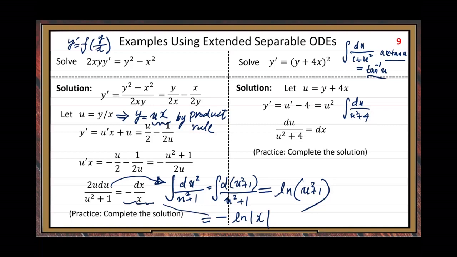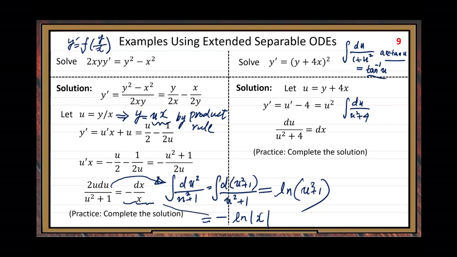In your calculus, which one do you use, inverse or arctangent? All right, whatever, you just choose one of the two. For me, both are fine. Arctangent means inverse, the same thing.